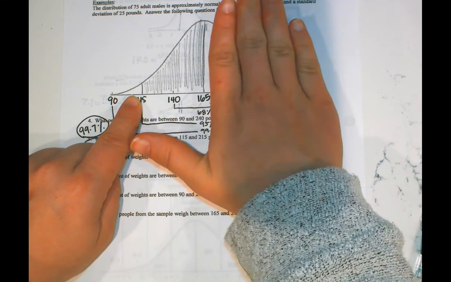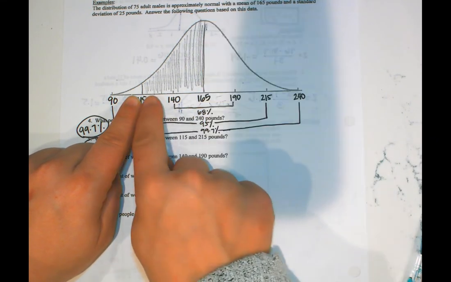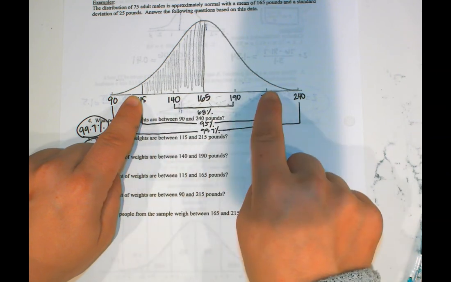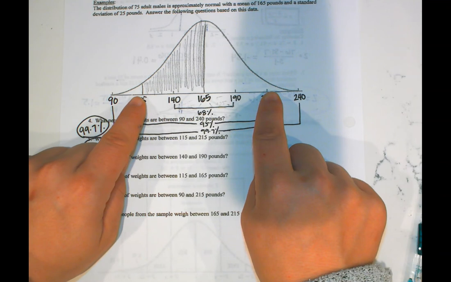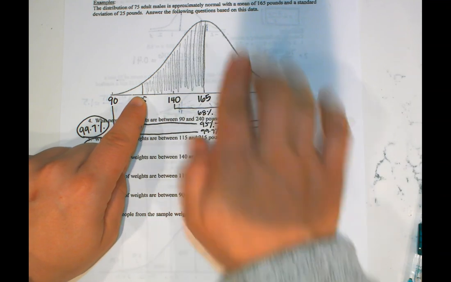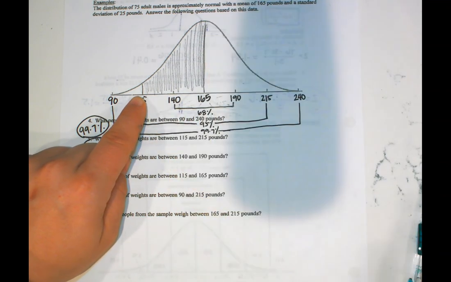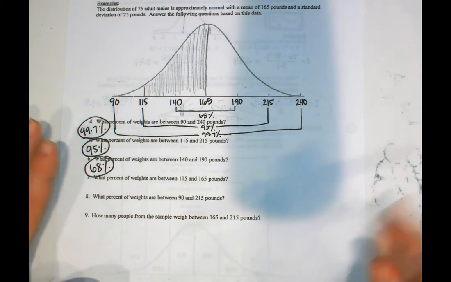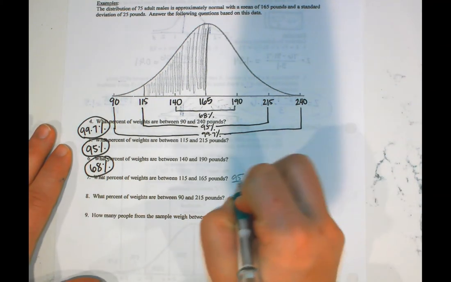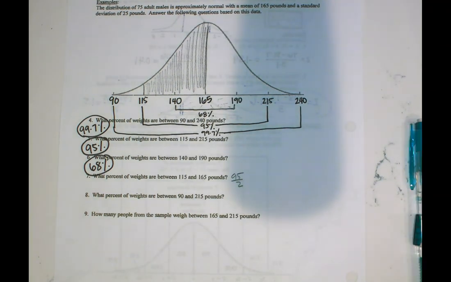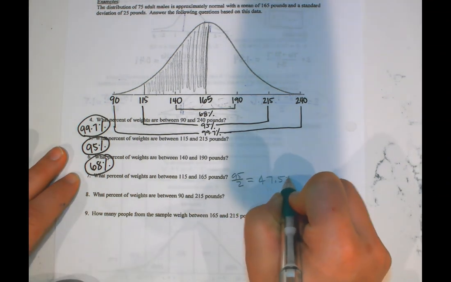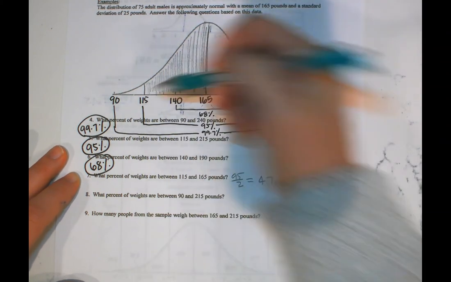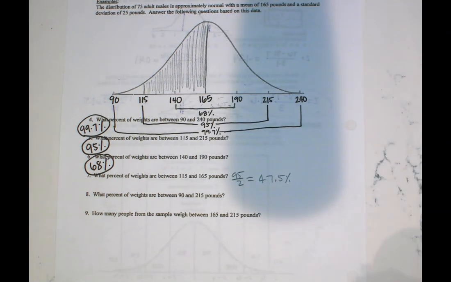I just did half of it, right? 2 standard deviations would bring me all the way to this side. From here to here is my 95% based off my empirical rule. But I am only doing half of that. So I'm just going to take my 95 and divide by 2 because I just did half of that graph. So I do 95 divided by 2, and I would get 47.5%. So 47.5% represents that shaded region that we found.